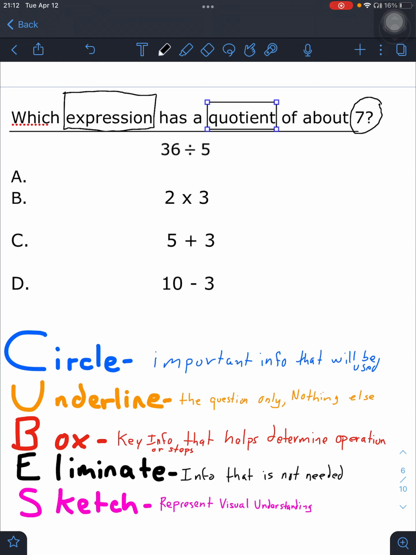This is our most important key information, quotient, vocabulary term. If we do not know what quotient means, there's no possible way for us to get the correct answer. Okay? And about, which means that we're going to be looking for an answer that is approximate or an estimate, approximate estimate.